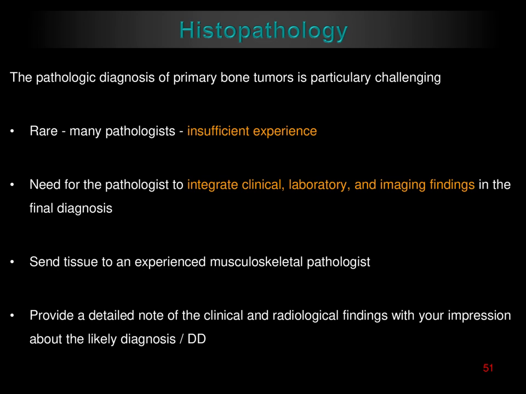You have to see whether it is consistent with the clinical and imaging findings of that particular condition. So it is generally recommended that you should send tissue to an experienced musculoskeletal pathologist. At the same time, you should provide a detailed note of the clinical and radiological findings with your impression about the likely differential diagnosis to the pathologist.